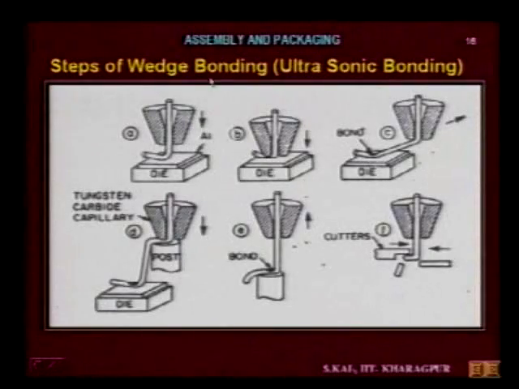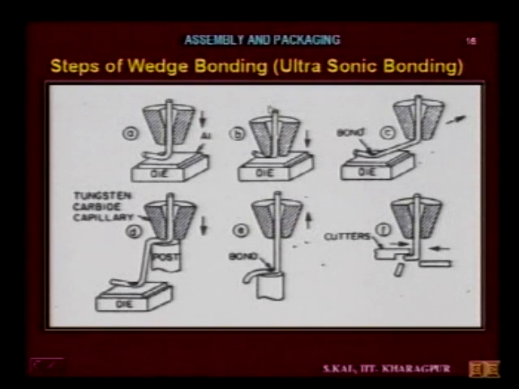Let's see the diagram here. The steps are also shown. This is the die and this is the chip, and this is the aluminum bonding pad on the chip. Die means small chip here. So this is the aluminum bond pad. Here again this bond head, or say capillary, is brought down onto the bonding pad, which is made of aluminum.